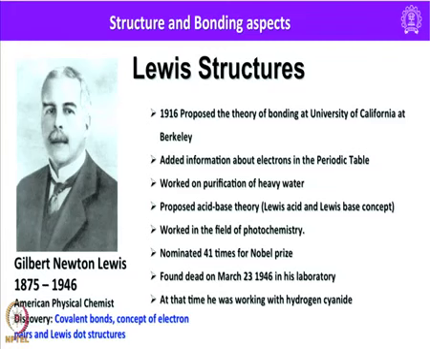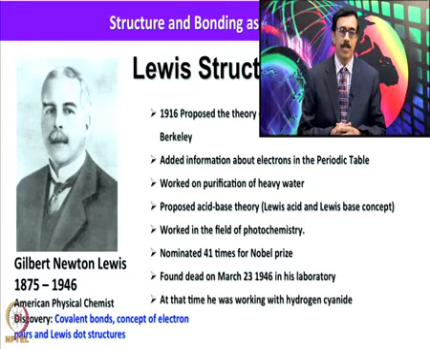It is one of the fundamental studies as far as the interaction of acids and bases is concerned. He also worked in the field of photochemistry, and in fact he was nominated 41 times for the Nobel Prize. Unfortunately, he was found dead on 23rd of March 1946 in his laboratory at Berkeley. At that time, he was working with hydrogen cyanide.